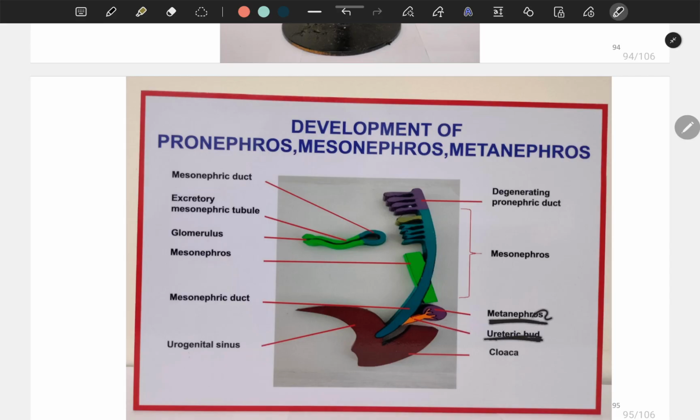From the metanephros there will be a uteric bud, cloaca, urogenital sinus. This is the mesonephric duct. There will be a mesonephric tubule from the duct, which forms the glomerulus of the kidney.